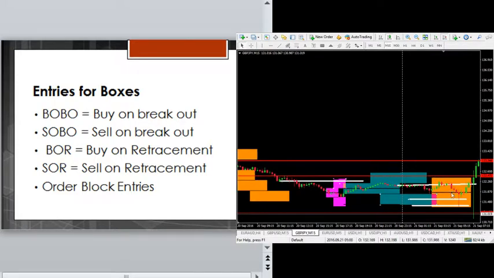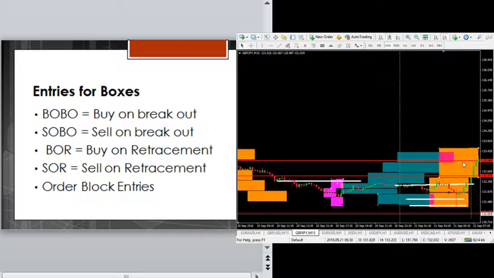I'm going to duplicate the pre-London box this time and the pre-Asian box as well, just to get another reference for my take profit. So it could be one full box or 50%, or the 50% of this box, which just happened. Then F12 again.